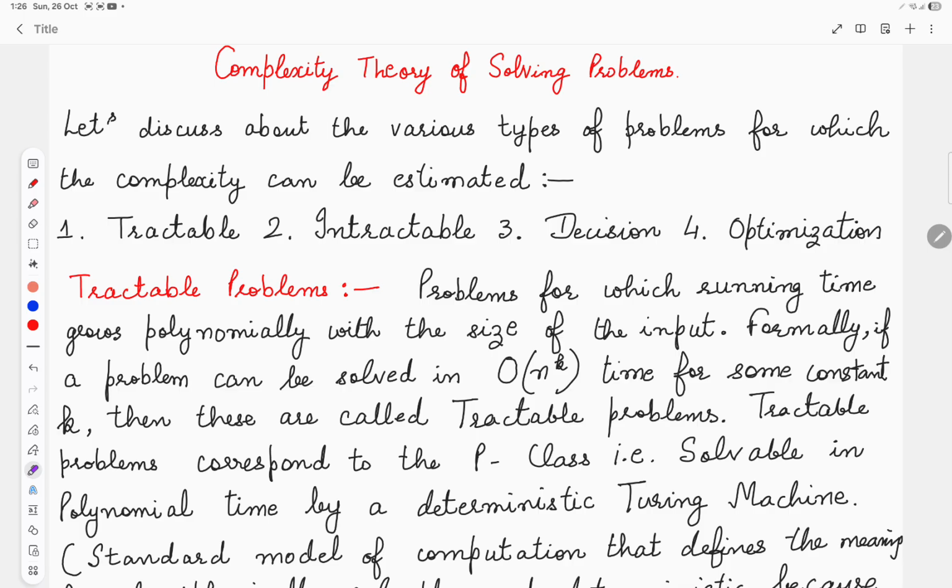Now, the motivation behind complexity theory is both theoretical and practical. Theoretically, it helps classify problems into categories of solvability and efficiency, thereby guiding research on whether faster algorithms are possible or not. And practically, it tells us when to stop searching for an exact solution and use approximations or heuristics instead.